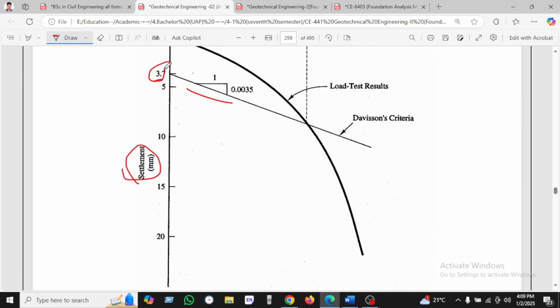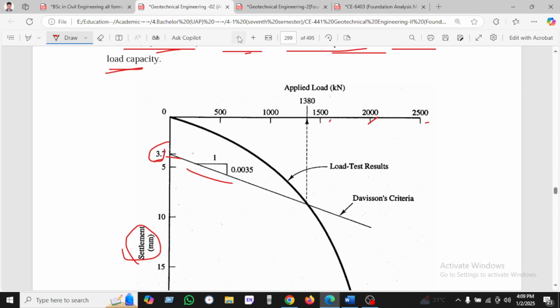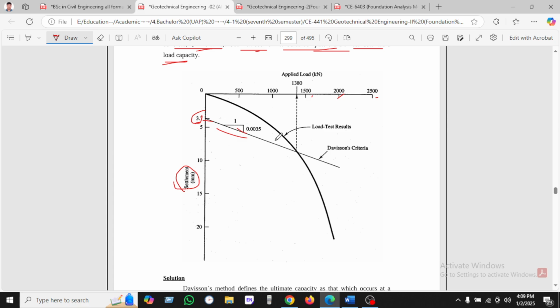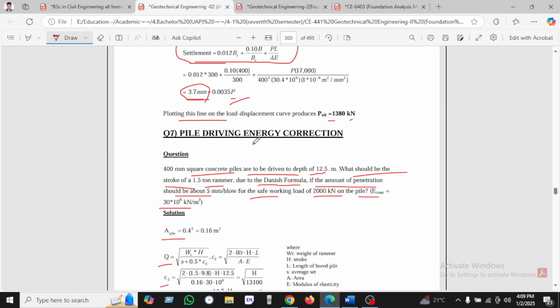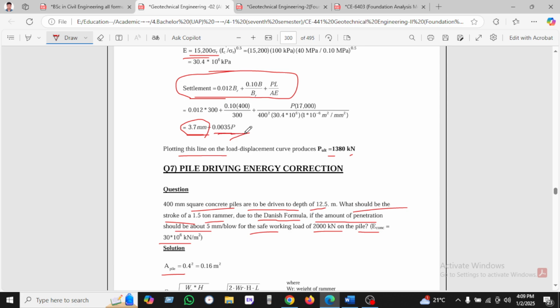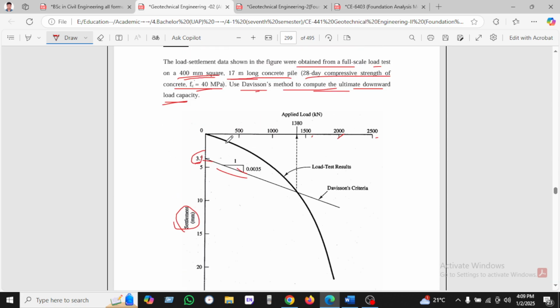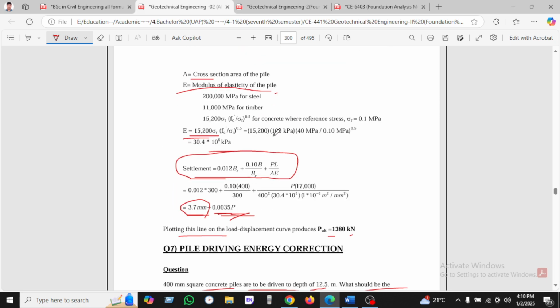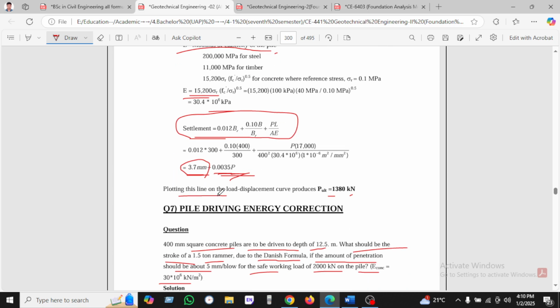We have found the settlement, and we will draw the line of 1 divided by 3, intersect this portion, and then draw upward in the vertical direction, and found 1380 kilonewton. So this load is needed. Plotting this line on the load settlement curve, P ultimate is 1380 kilonewton.